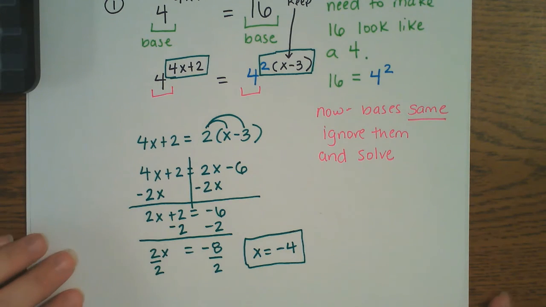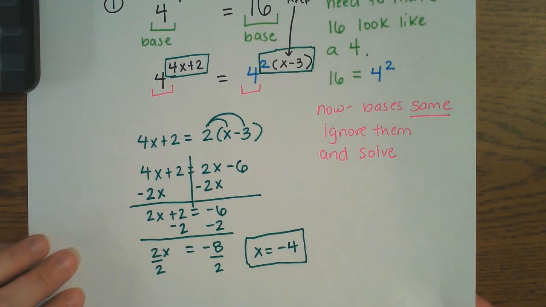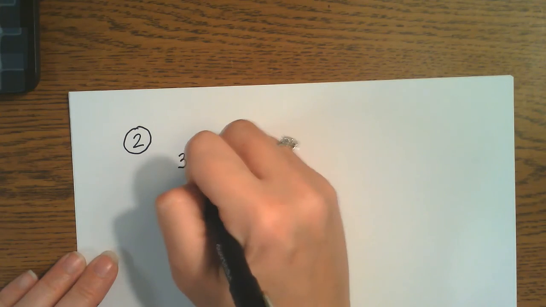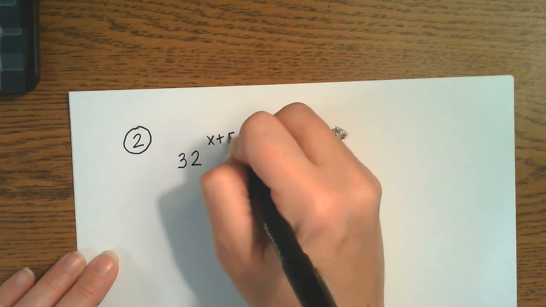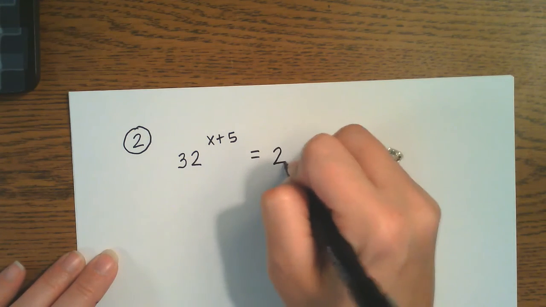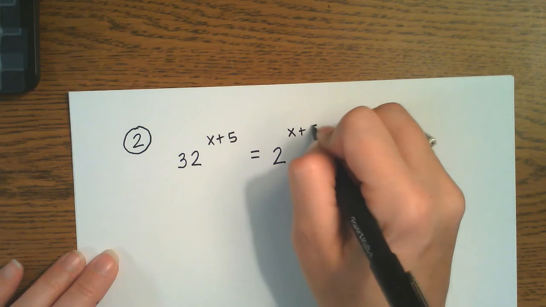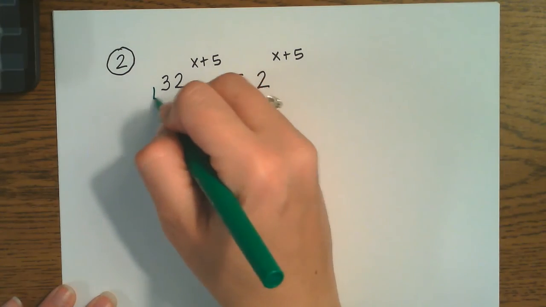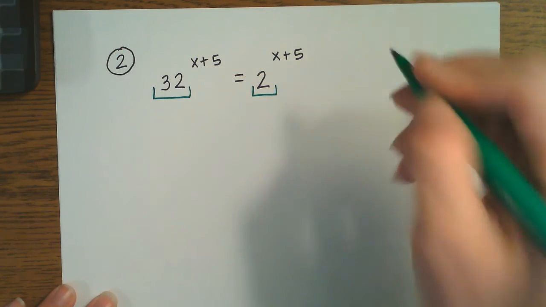Okay, I'm going to do one more with you real quick before we go to lunch. So we've got 32 to the x plus 5 equals 2 to the x plus 5. So I'm checking out 32 and 2.